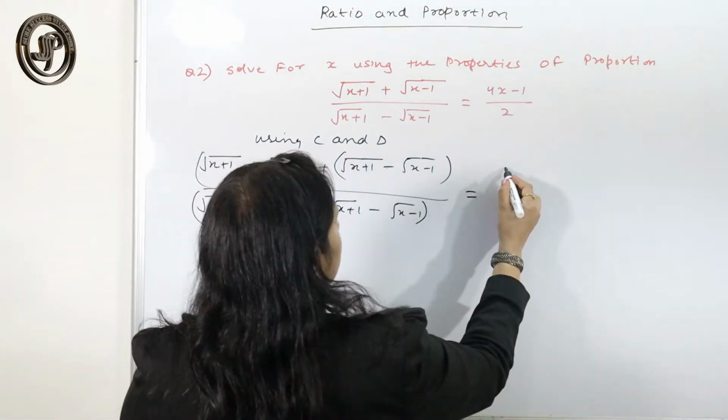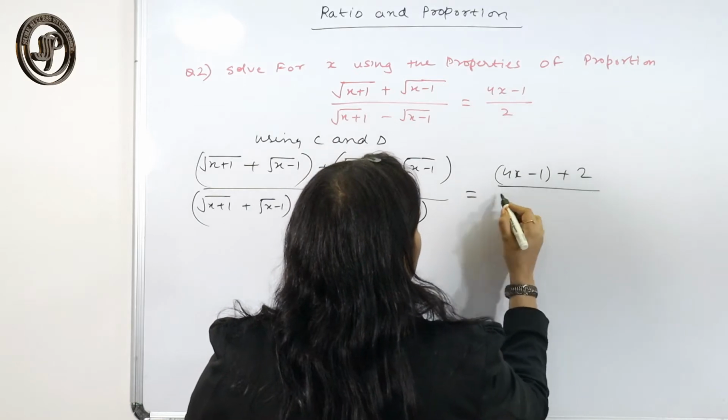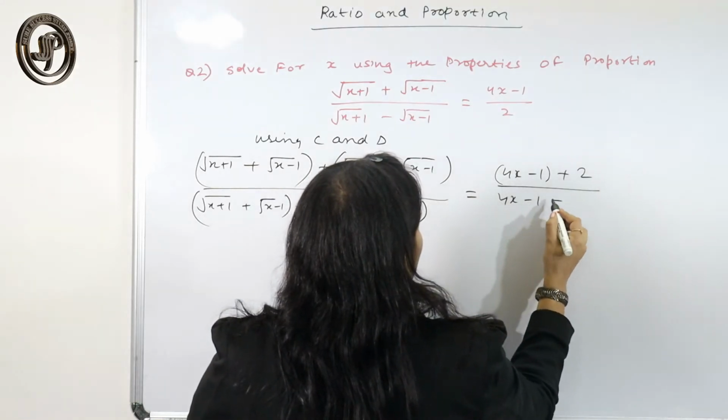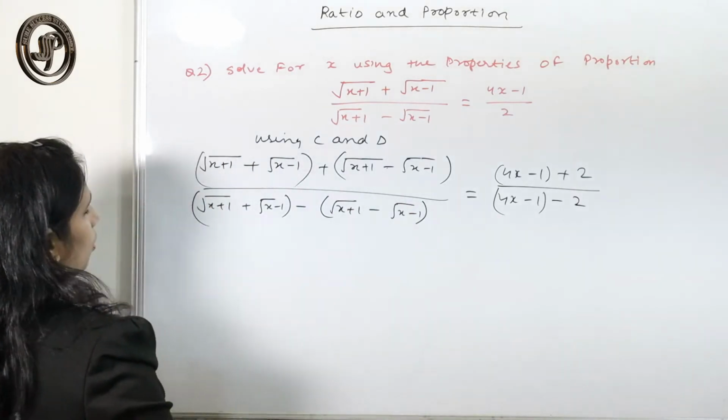Okay, here numerator plus denominator, numerator minus denominator, right? So how do we do this?